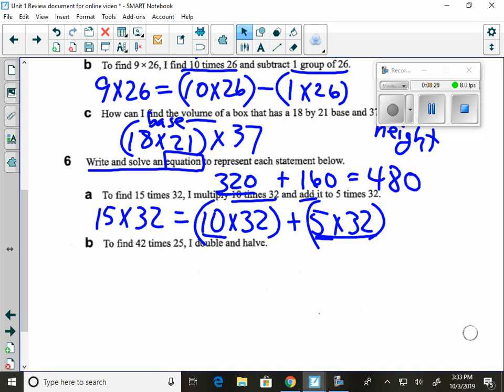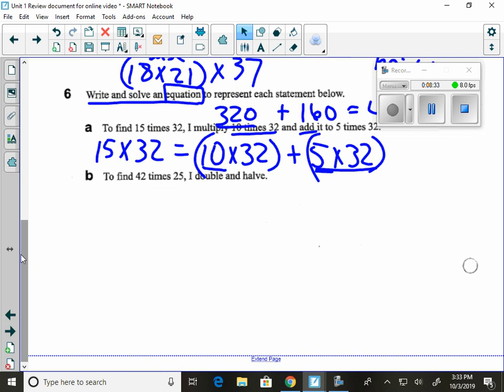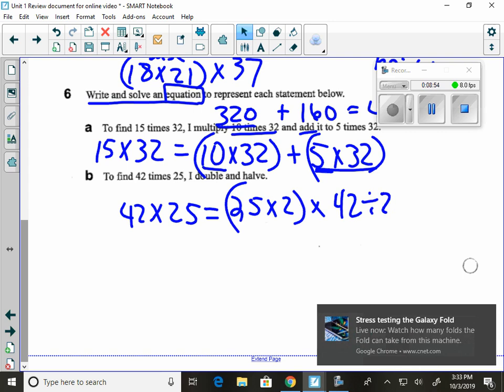You could multiply 10 times 32 and 5 times 32 and then add it together, but they should know that by now. And then the last one on number 6, 42 times 25, doing doubling and halving. So 42 times 25 is going to turn into, you can't cut 25 in half. So we're going to double the 25 and divide the 42 in half.